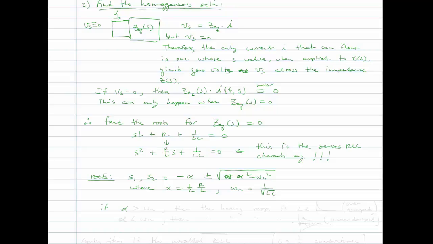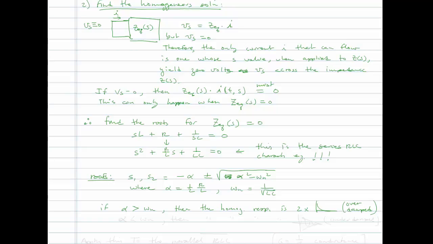So if alpha is greater than omega n, then the homogeneous response is 2 real exponentials. It's overdamped.